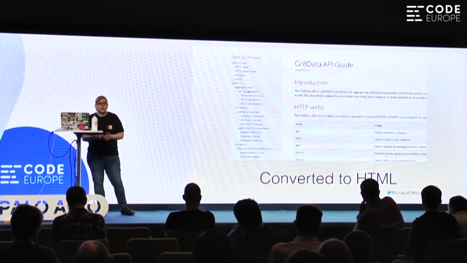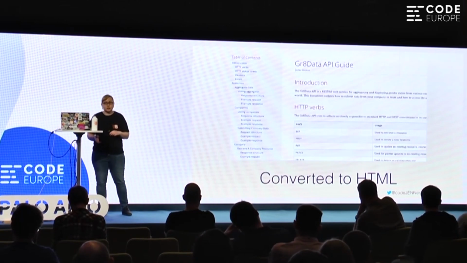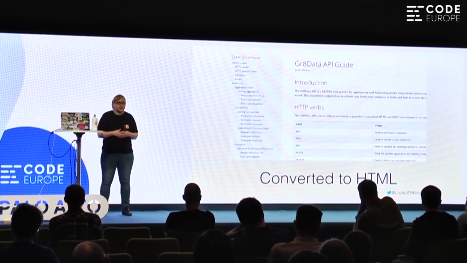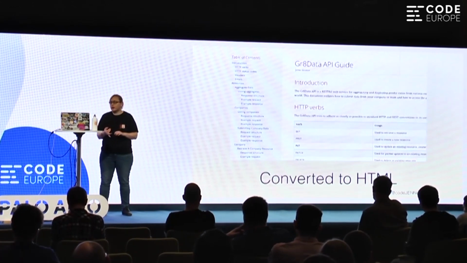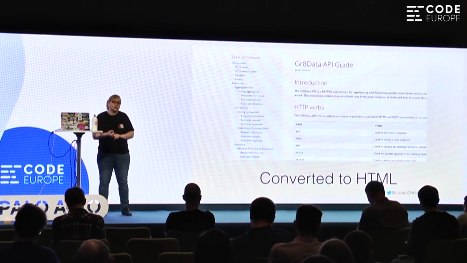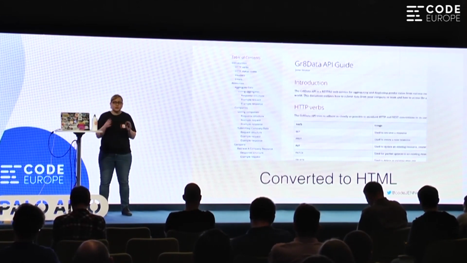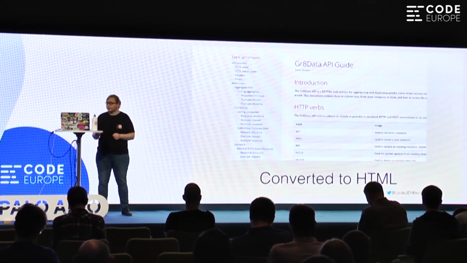And so AsciiDoc and AsciiDoctor are not just about converting these files into HTML. It's good because it's universal for lots of other formats too. So you can use it to create PDFs and even use it to write books. You can export it to lots of different formats from one single AsciiDoc file.